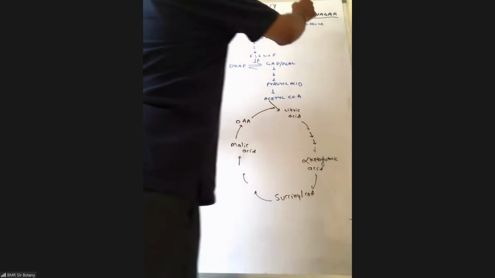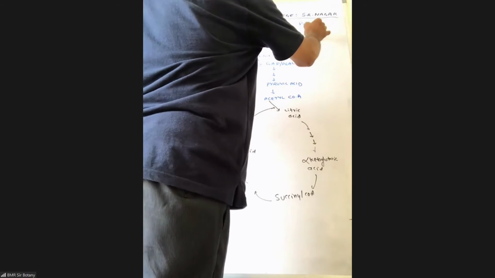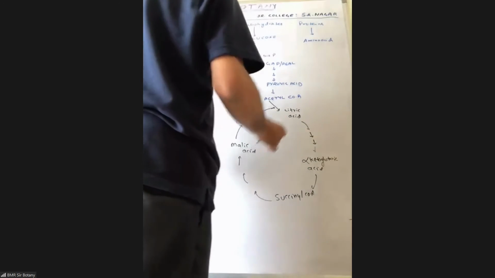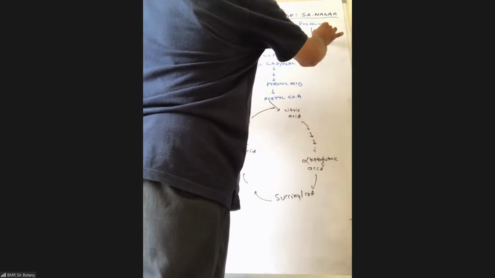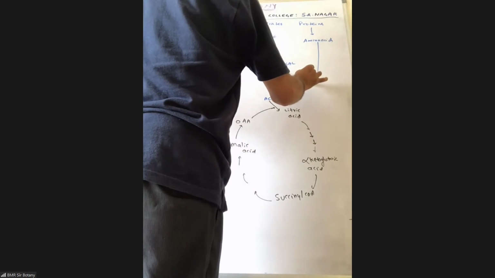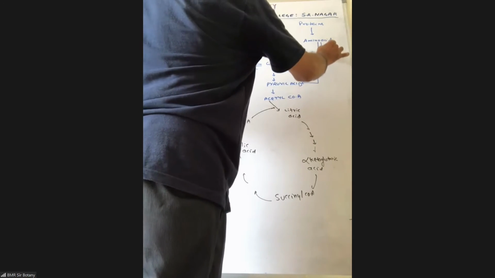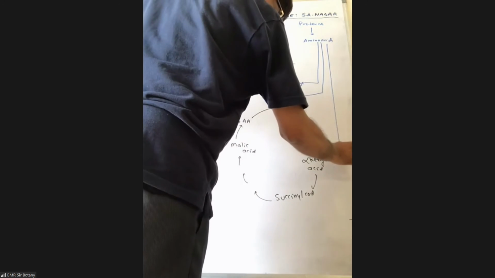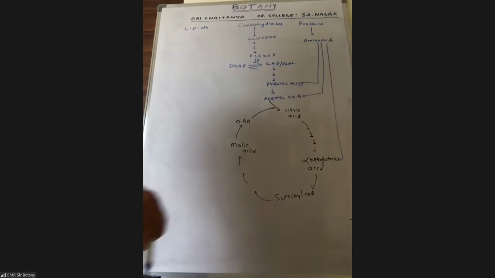If it is proteins, they break down into amino acids, which can convert into pyruvic acid to take part here, can convert into acetyl-CoA to take part here, can convert into alpha ketoglutaric acid to take part there.